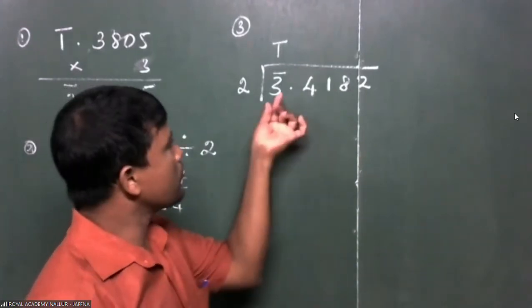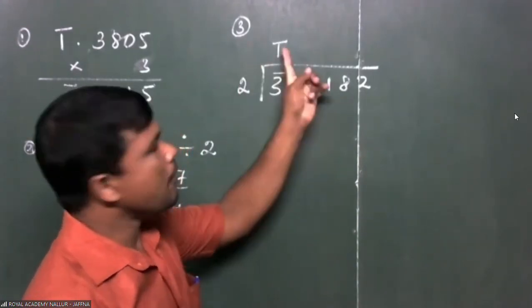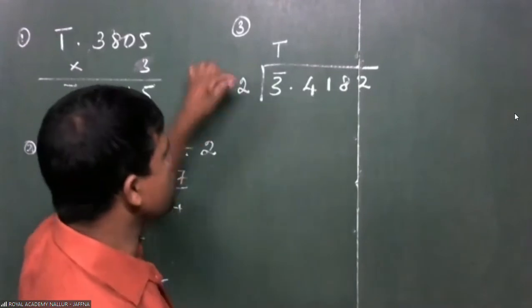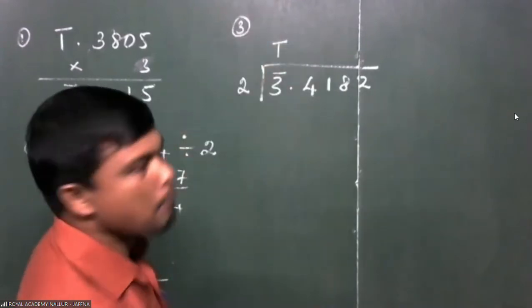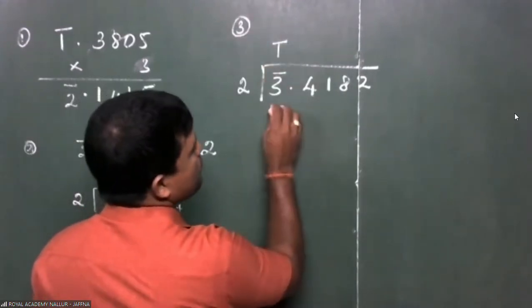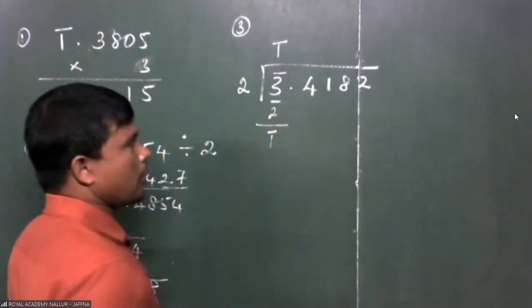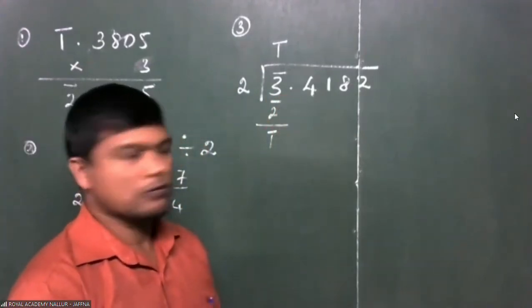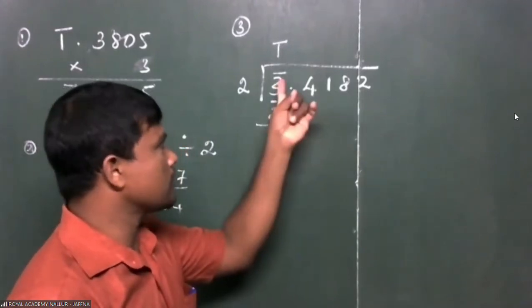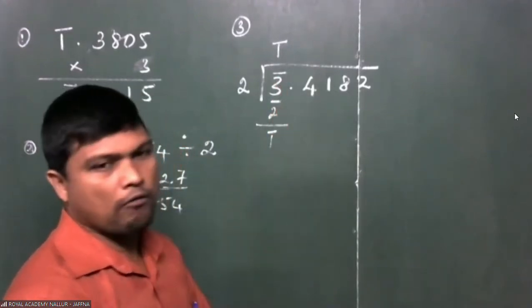Out of bar 3, 2 is bar 1 times. That means 2 into bar 1 is bar 2. Now remaining is bar 1. Bar 3 minus bar 2 is bar 1.